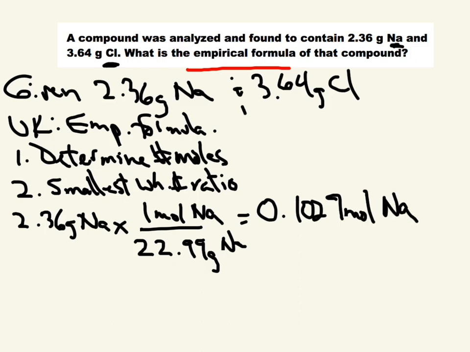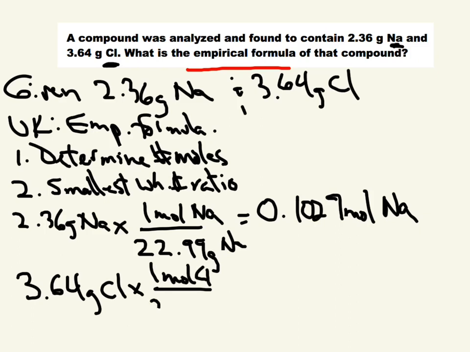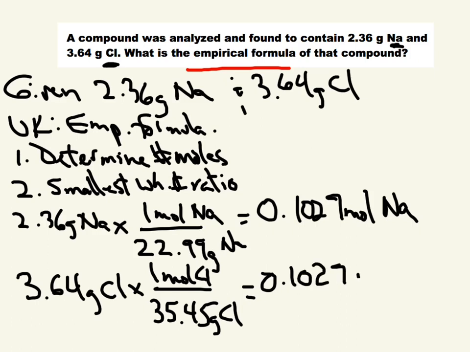Now if we do the same thing here, we've got 3.64 grams of chlorine, times for every 1 mole of chlorine, 35.45 grams of chlorine, and once again that comes from the periodic table. You're going to see here we have 0.1027 mole of chlorine.